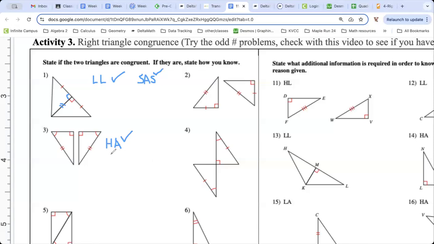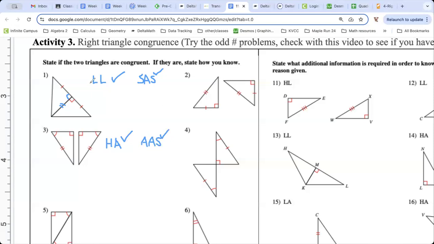A pair of hypotenuses and a pair of non-90-degree angles are congruent. If you don't look at 90-degree angles, you have angle, angle, side. Angle, angle, side could also be used to prove they are congruent. So it's pretty good.